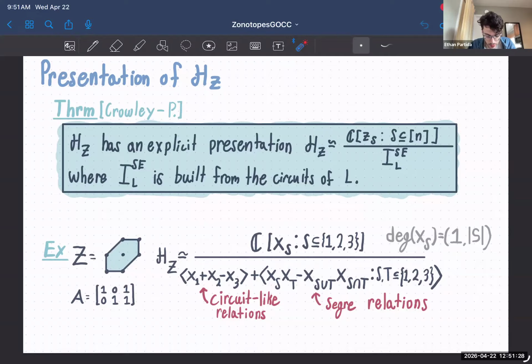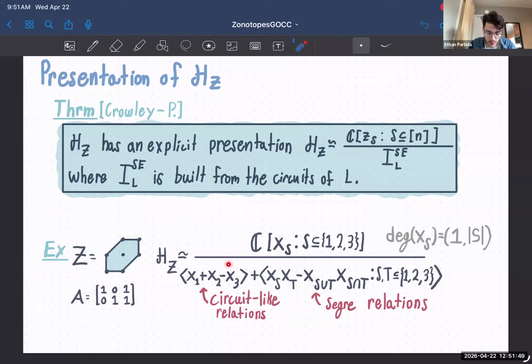And you can read them off from the matrix. They aren't literally going to be the circuits, but they will contain the circuits. One way you can read off the circuits is that I have this equation x1 plus x2 minus x3 here. That's because if I take the first column of A and add it to the second column of A, and subtract the third column, I'll get 0.